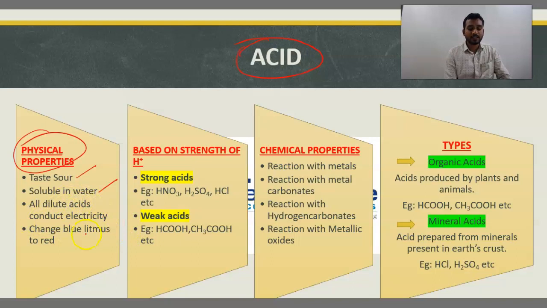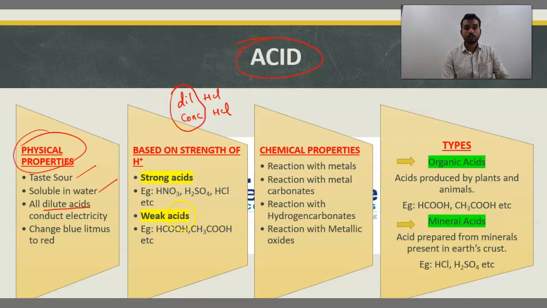All dilute acids conduct electricity. Children, here we have a word called dilute. Now what do you mean by dilute and what do you mean by concentrated? I hope you have seen the words dilute HCl and concentrated HCl, right? Now what is the term dilute and what is the meaning of concentrated?